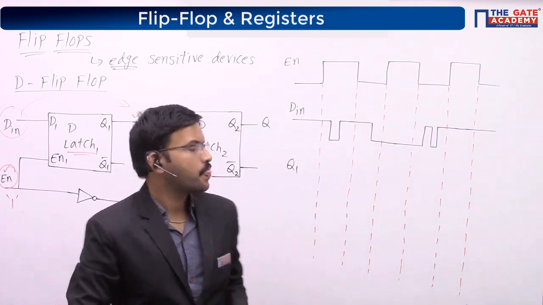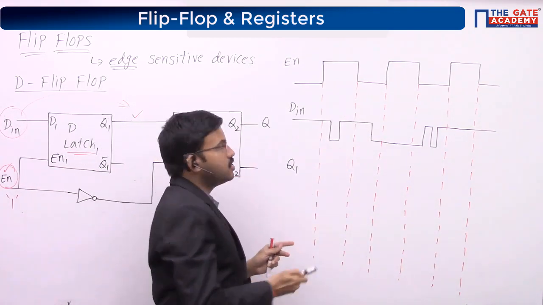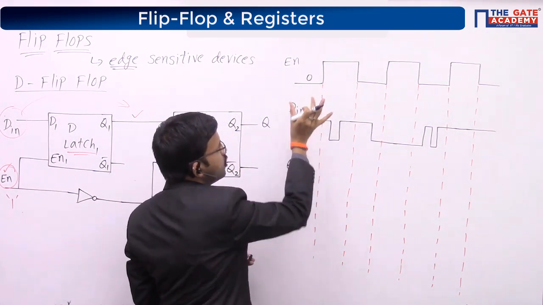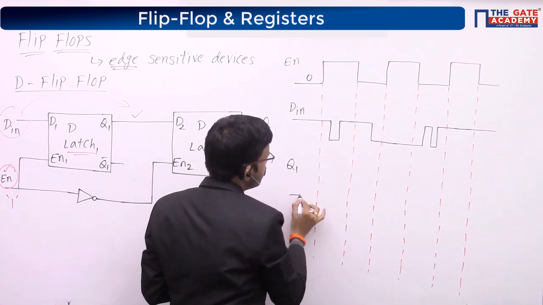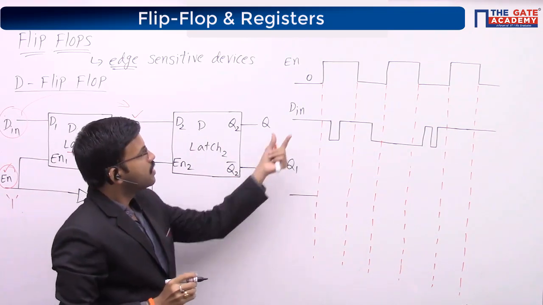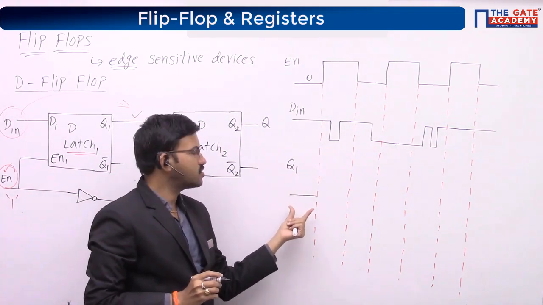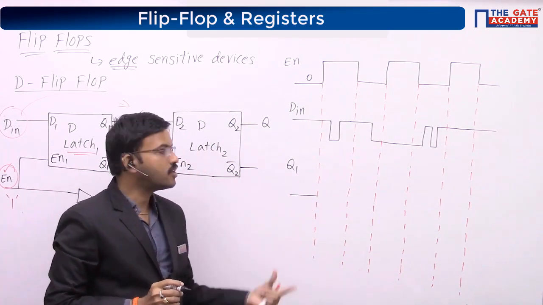Initially, you can consider enable equal to 0 up to here. So you can assume the present state is 0. As long as enable is 0, your next state will be the same as the present state. Here I am assuming present state as 0. If you want, you can assume 1.